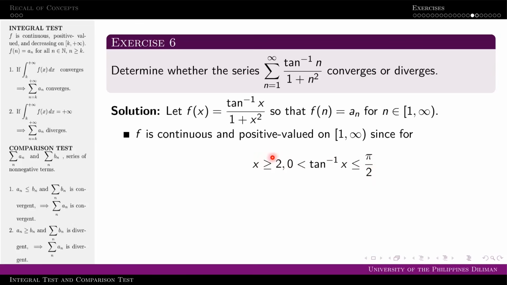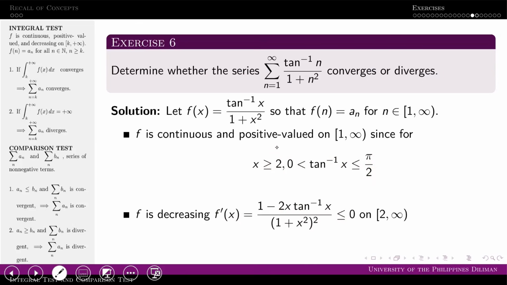Pero kaya nire-restrict natin siya sa 2 kasi kapag kinuha natin si f prime, mangyayari to, itong 2x tangent inverse of x would be greater than 1 at some point, and that point is 2. So this is less than or equal to 0. So f is decreasing. So, ang conclusion natin, since na-satisfy yung lahat ng conditions, is that our integral test is applicable. So, let's apply it.